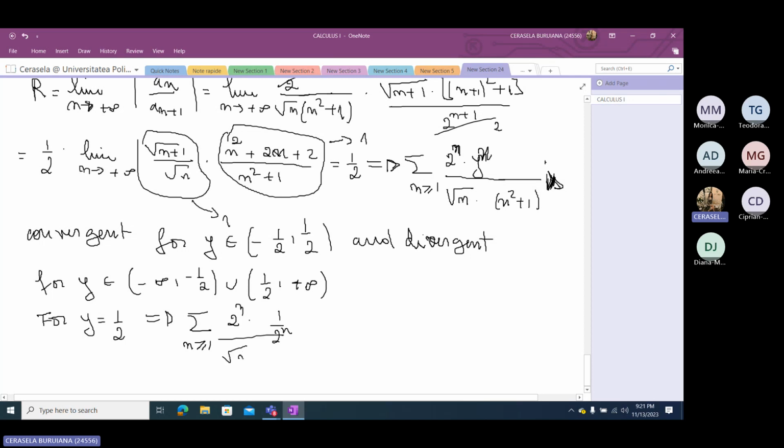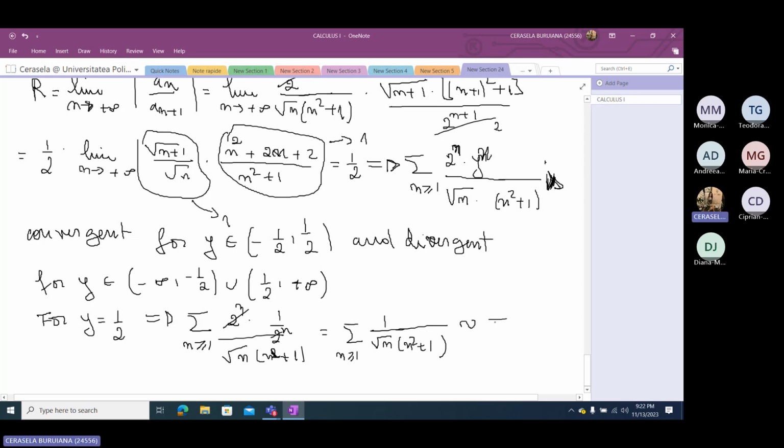Everything over square root of n times n squared plus 1. But I see that 2 power n goes away, and I get only 1 over square root of n times n squared plus 1. What about the series?